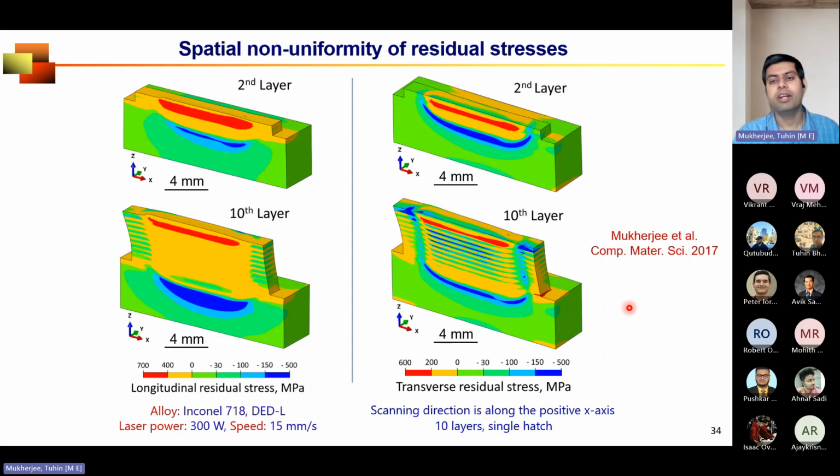That is a phenomenon very commonly encountered in additive manufacturing called delamination. Delamination means separation of two consecutive layers. It can also happen between the substrate and the part. The part can simply come out of the substrate because of high residual stress accumulation. So that is a separate field of study.